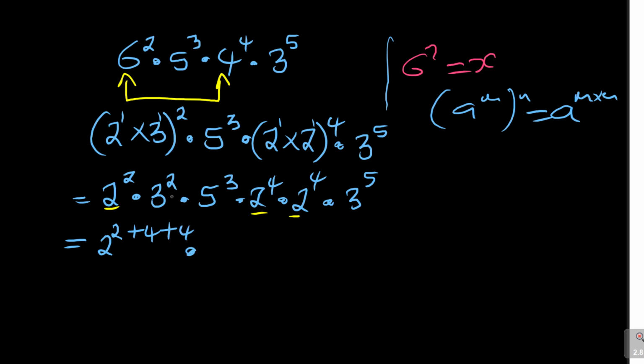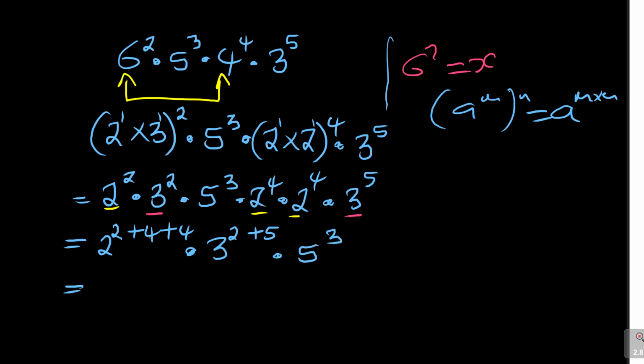Dot, we continue now with 3. I've got 3 squared, I've got 3 to the power of 5. Don't know whether this will work, but let's try it. It's 3 to the power of 2 plus 5. Am I right? And then lastly it's 5 times 5 to the power of 3.